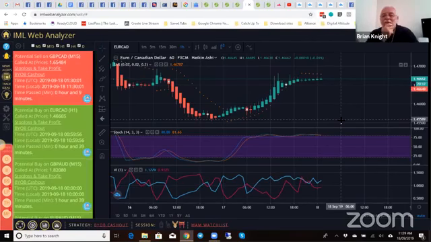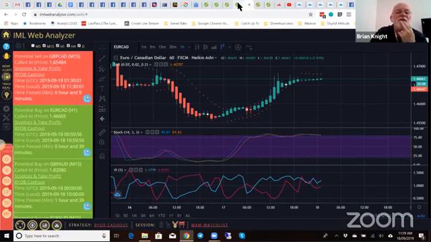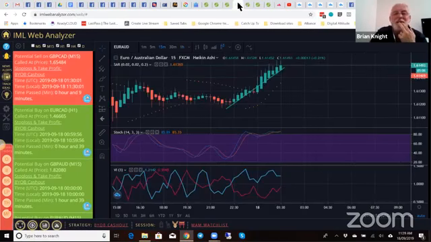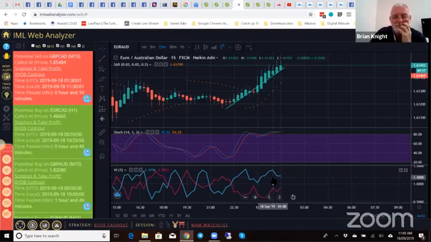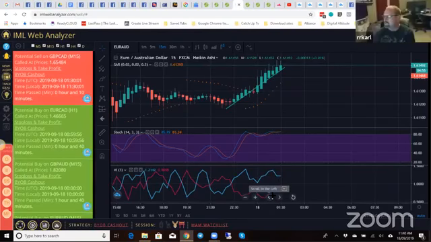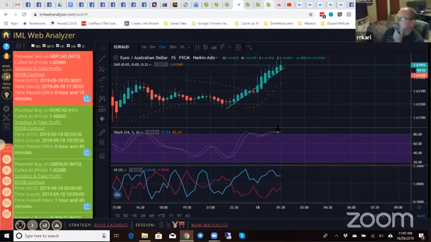Yep. Okay, so that's that Euro CAD. What are we back to? Euro AUD. Still, on a 15-minute, it's still got momentum up. The USD JPY looks like it might be turning around a little bit on the 15.